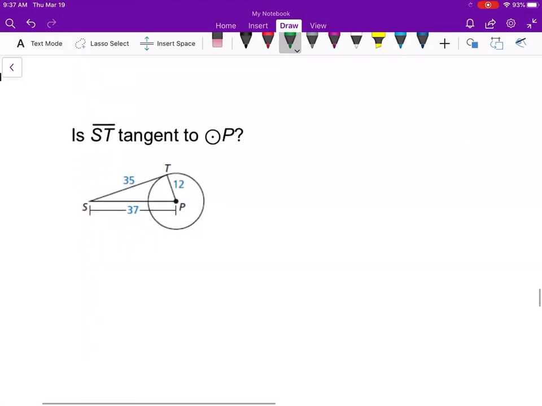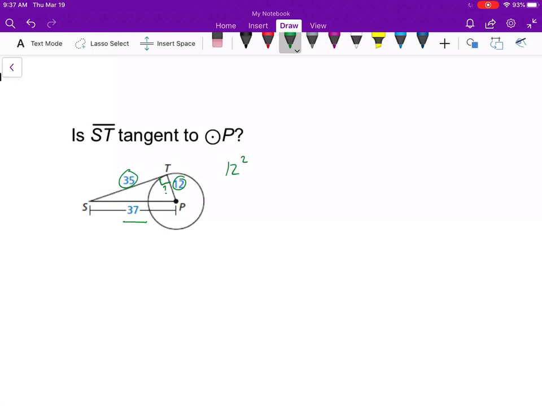So, is ST tangent to circle P? In order to solve this, we've got to prove that this right here is 90 degrees. So now that we know what we need to do, remember that 90 degrees is a right triangle. So we have leg, leg, hypotenuse.